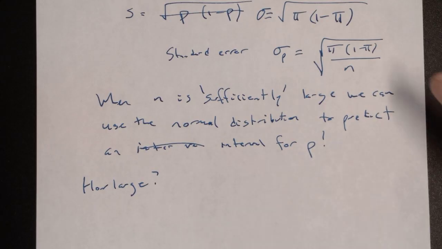Pi is our population proportion. When we did the drug testing thing back when we were doing Bayes' theorem about reversing conditional probabilities, I said we made an assumption that 4% of the population used drugs. That's our pi, 0.04.